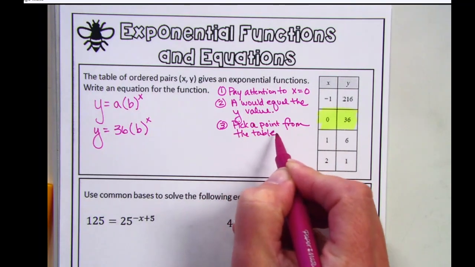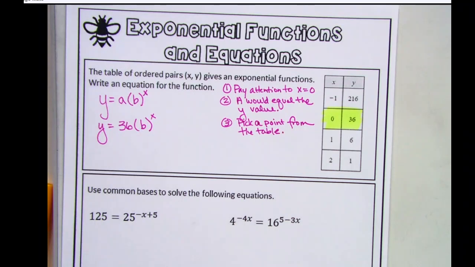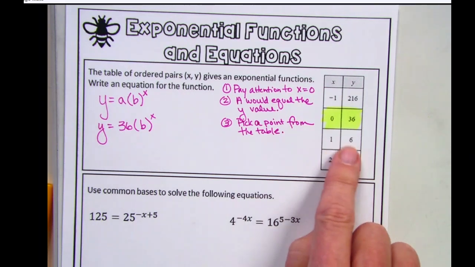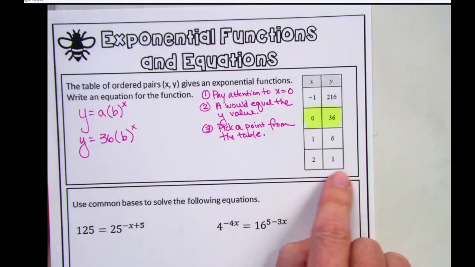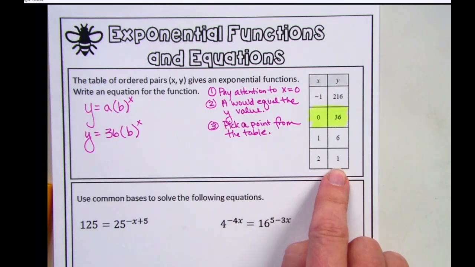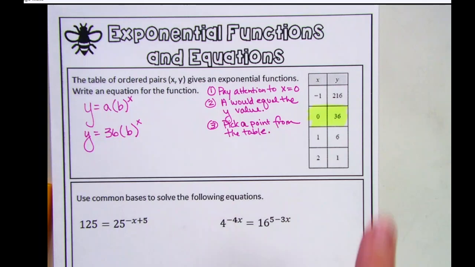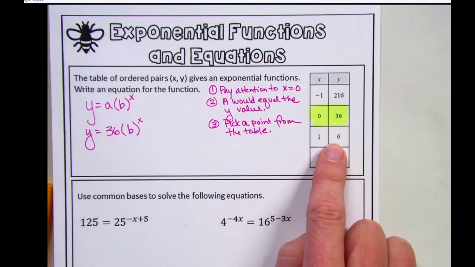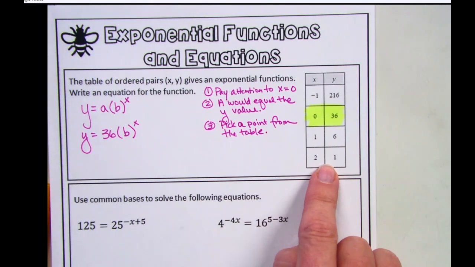Some people hate negatives, some people hate big numbers. So just pick one of the numbers you like. I'd bet somebody's going to like 1, 6 and somebody's going to like 2, 1. So let's just go by majority. Who wants 1, 6? 2, 1? You guys win.